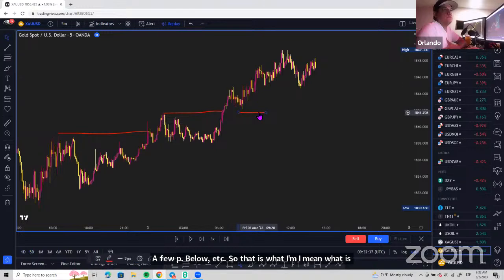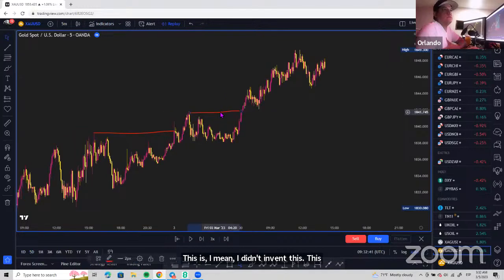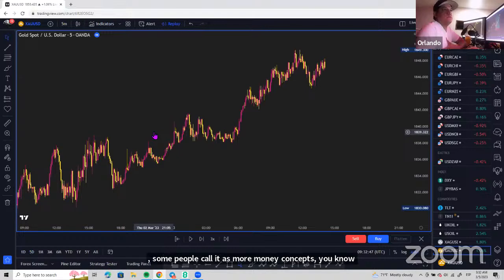This is, I didn't invent this. Some people call it smart money concepts, ICT model or whatever. But this is just a thought process on how to read a chart based on where the liquidity of weak players is, right?